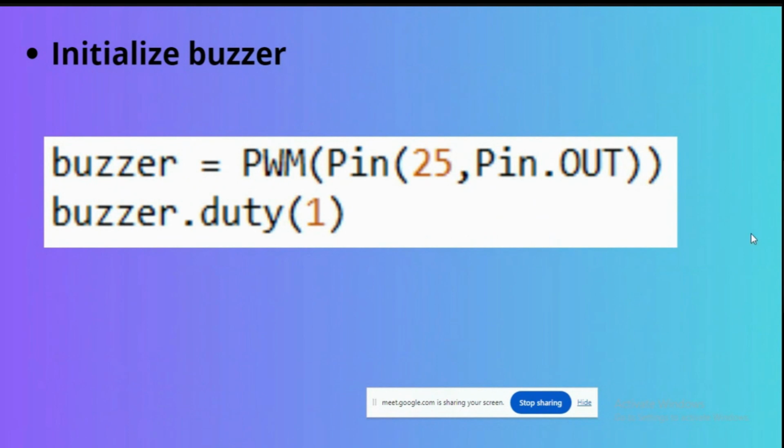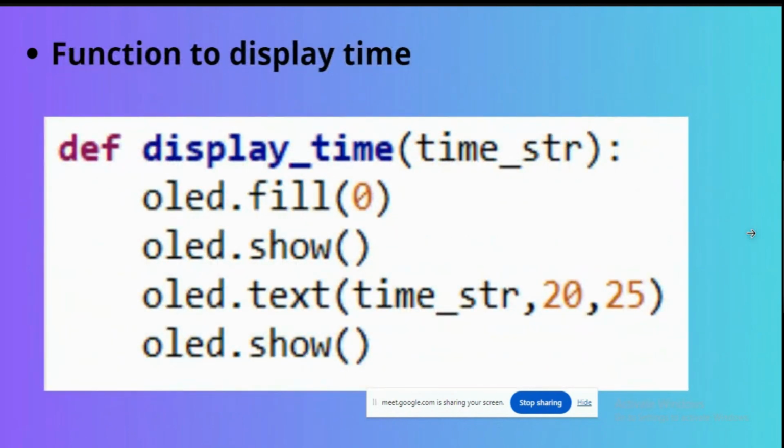After initializing the buzzer, we have to create a function to display the time. That means whatever the time updating according to the local time or real time, we need to display it on the OLED display. So to do that, we need to define a function. Display time is the function name, and the thing it is referring to is the time str. Later we will define what this time str is.